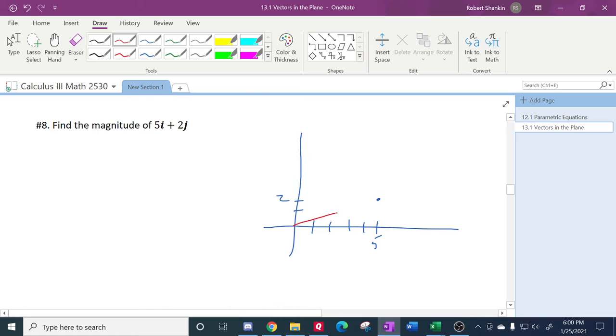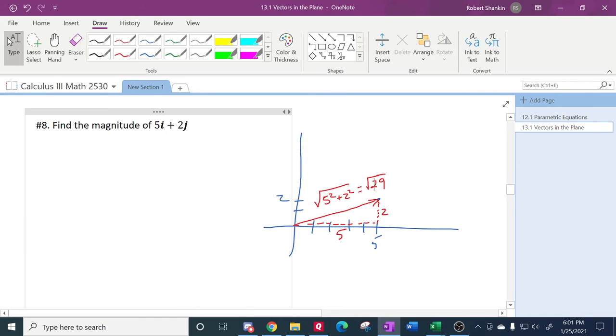The magnitude is the length of the diagonal. And this is the Pythagorean theorem. We have 5 over and 2 up. So this squared is equal to this squared plus this squared, or this is equal to the square root of the sum of the squares of these. So that's the magnitude of a vector. We kind of already had alluded to this, some of the other stuff.